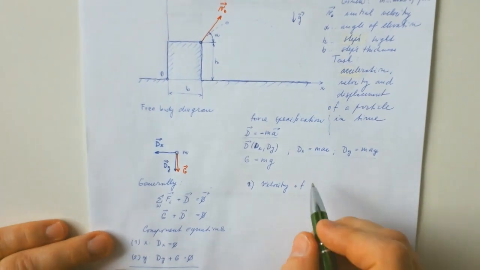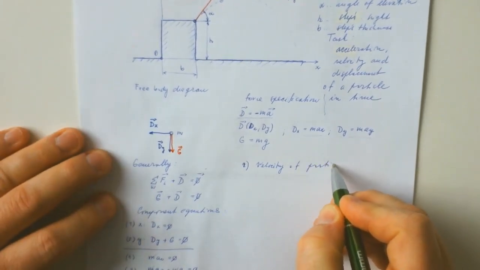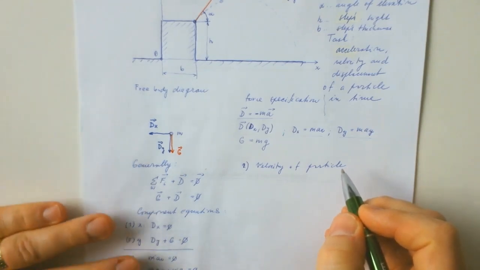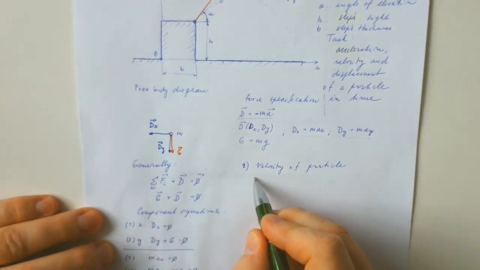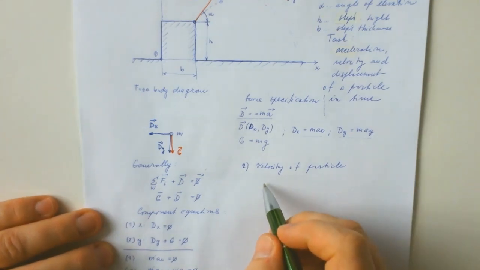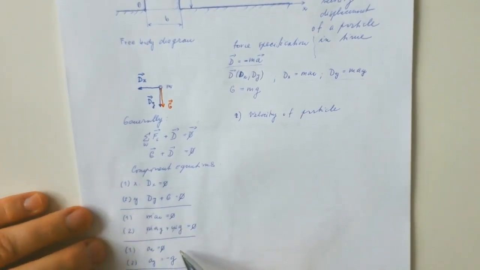So second, the velocity of the particle. We start with the definition that acceleration is the derivative of velocity with respect to time, and in this case we can calculate both directions ax and ay independently.